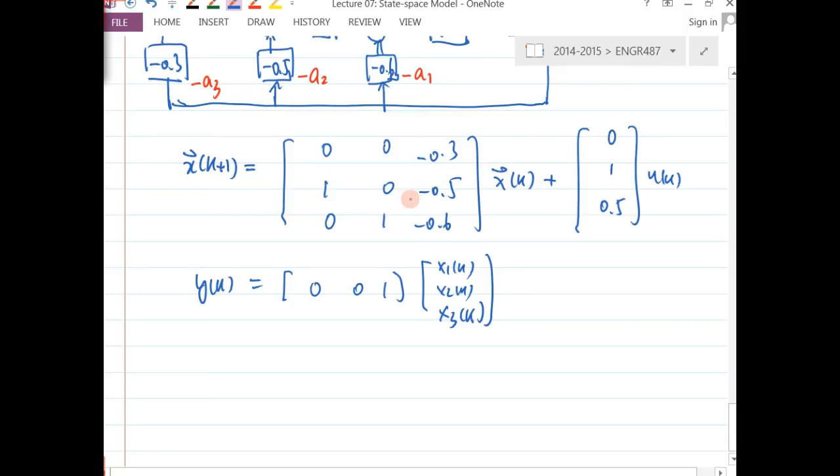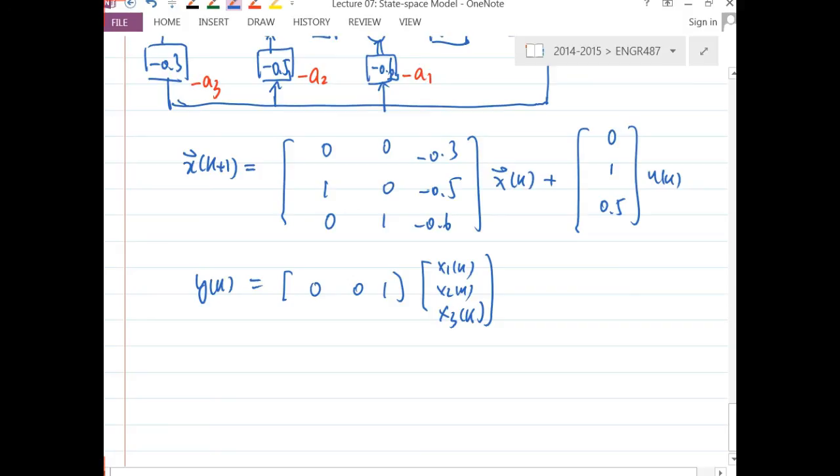The connection between the control canonical form and this one is just a transpose. So if you have already obtained a control canonical form and you're required to obtain the observable canonical form, you can simply do a transpose.